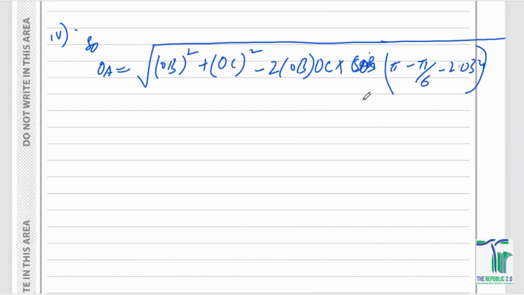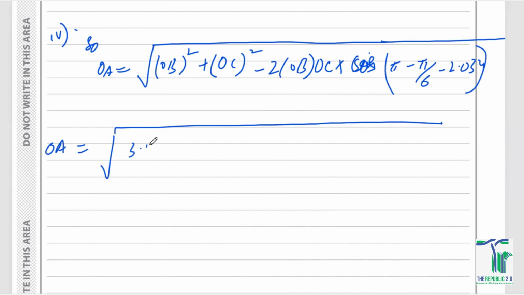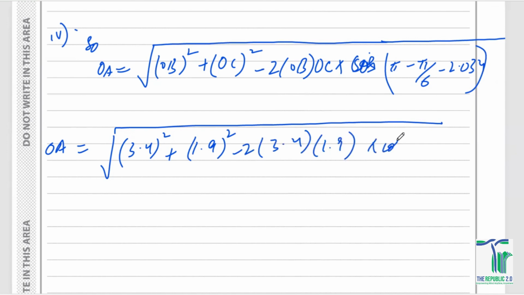Now I'm going to replug the values. OA is the square root of OB, which was 3.4 square, plus OC, which was 1.9 square, minus 2 times 3.4 times 1.9 times cos of pi minus pi by 6 minus 2.034.